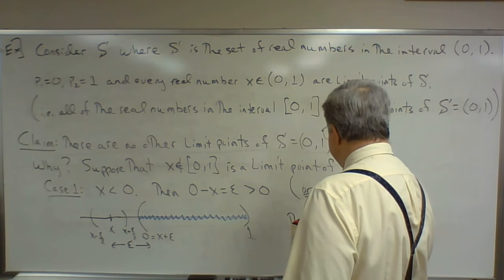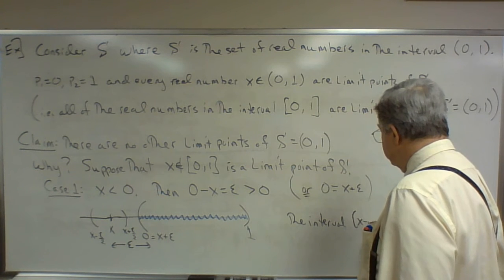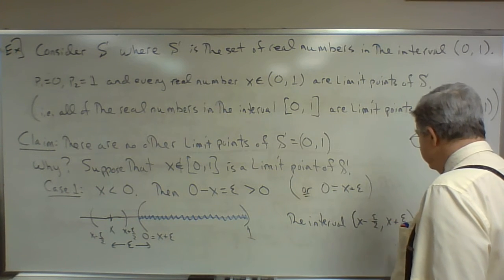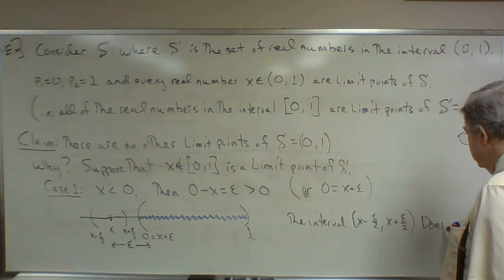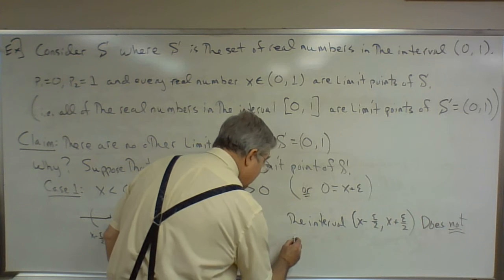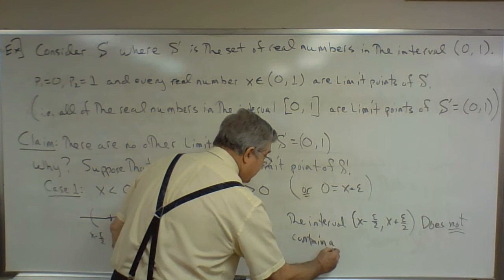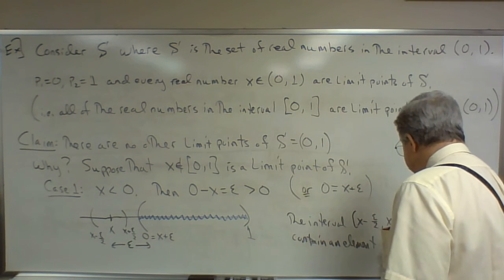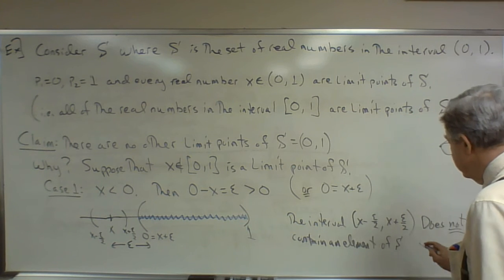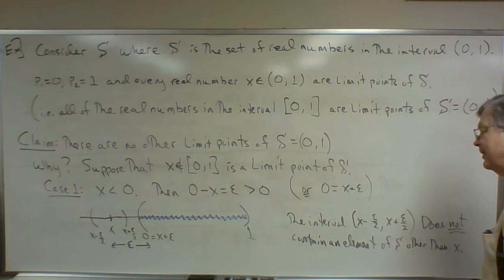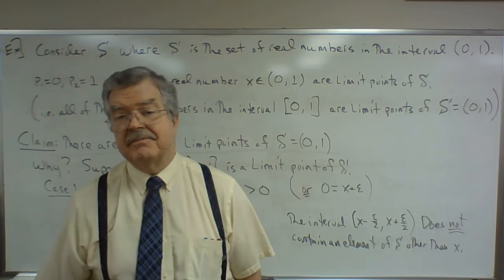So I'm going to note that the interval x minus epsilon over 2 and x plus epsilon over 2 does not contain an element of S other than x. So what does that tell us?